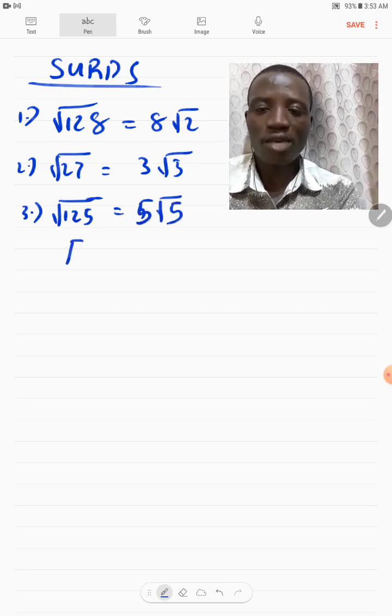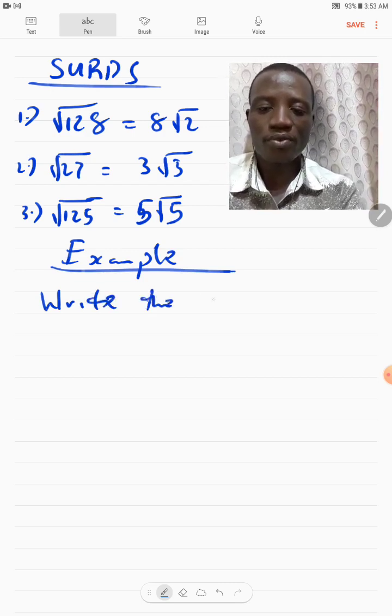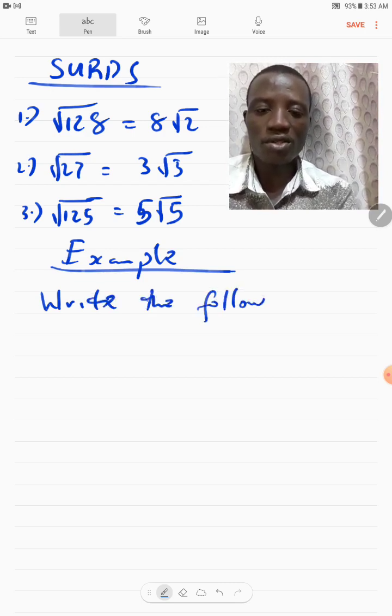So the example we want to look at now is that they can tell us to write the following as a single surd.